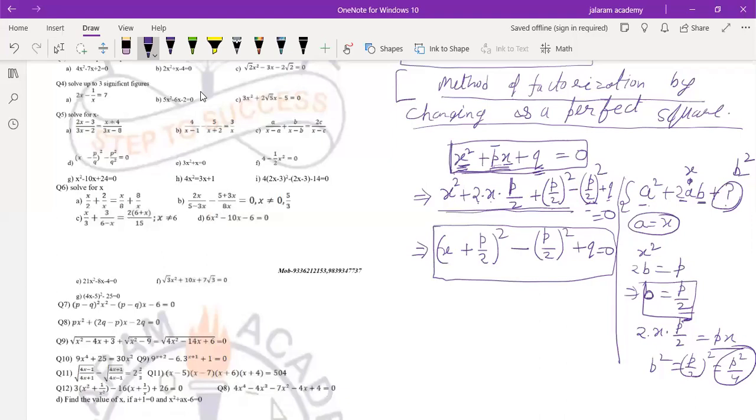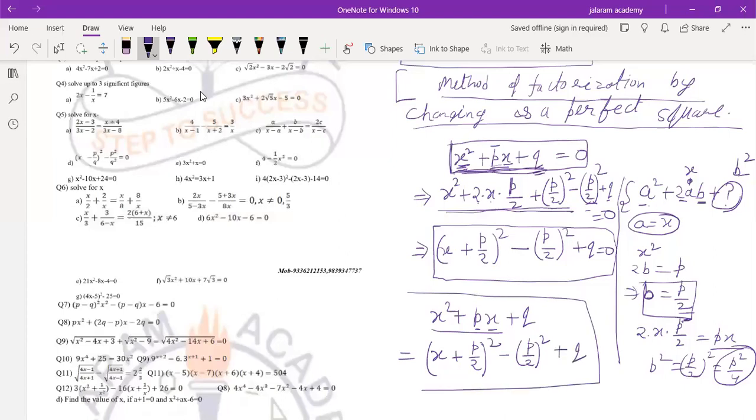We notice that to change x square plus px plus q, when we take the first two terms, it forms x plus, what is the coefficient of x? p. Coefficient of x is p, and half of this coefficient, p by 2, is added to it, whole square, minus p by 2 whole square plus q. We can directly write this line.